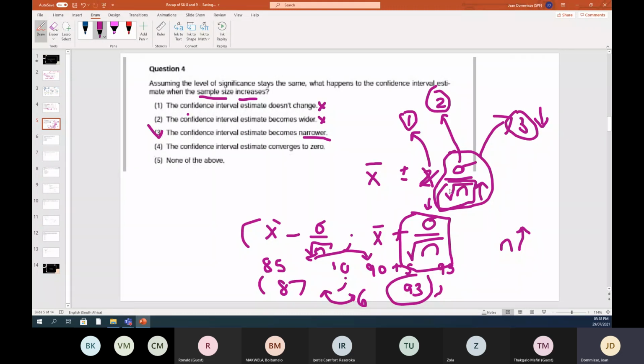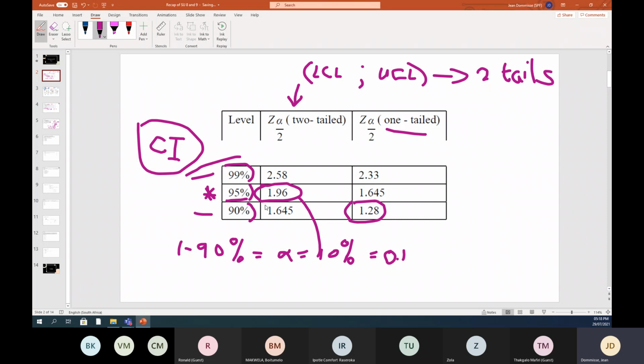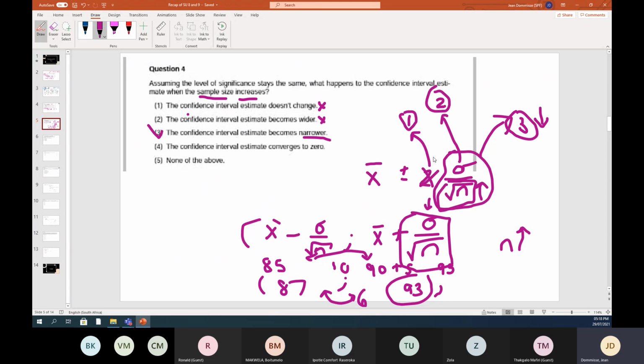So if z becomes bigger, so if your level of significance changes and we say z moves from, say, 90% to 99%, that means that that whole thing will become bigger. So if that becomes bigger and that is unchanged, we'll get that it becomes wider.